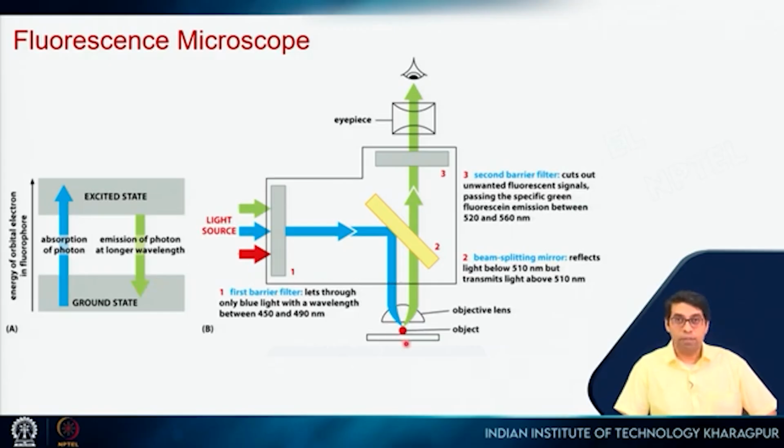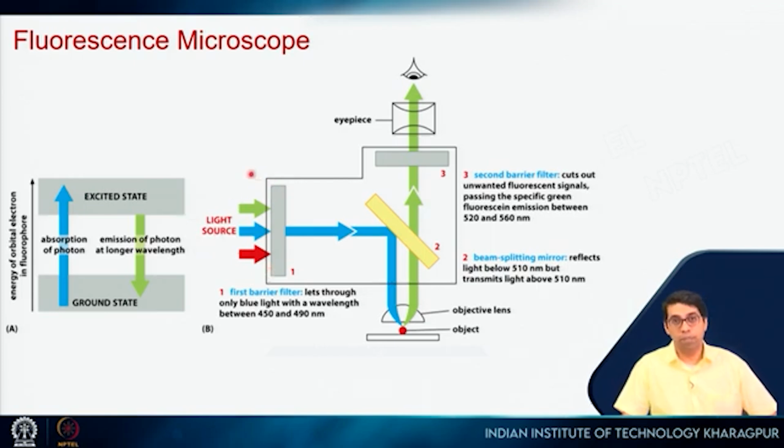This is the construct of the microscope. You can see it is very similar. There is your specimen, right. You want to see this, and there are all these different lenses which will magnify the image, and then finally you will see it. The light source in this case is not here, it is here, and typically these are lasers, right. So, you have a light source and then we have a barrier.